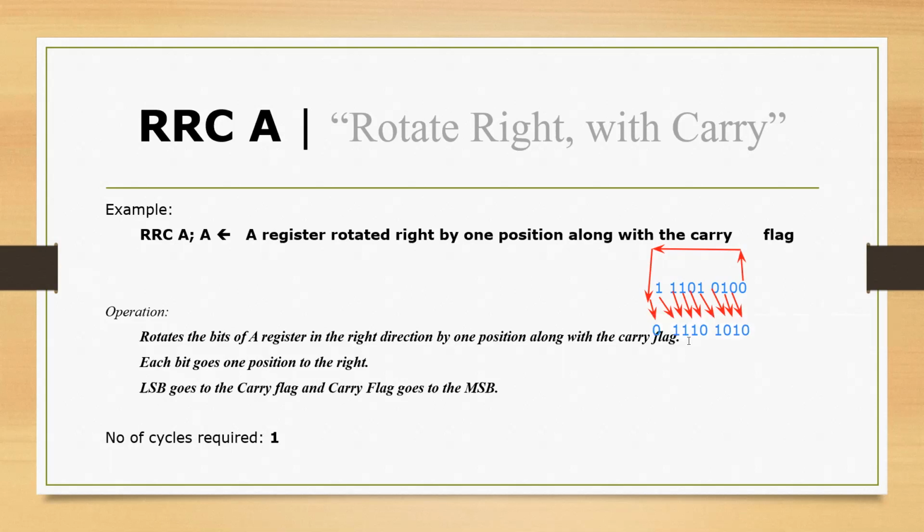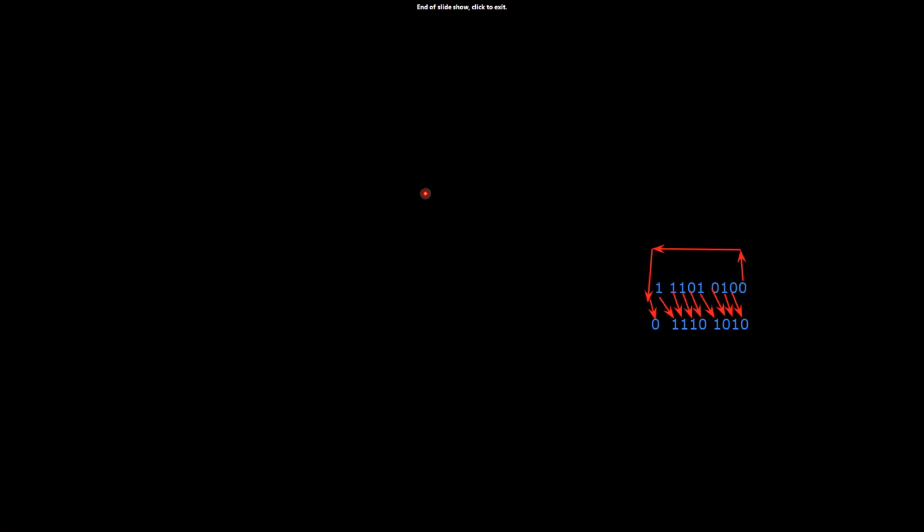So after rotation, you'll get the answer like this. Every bit will be shifted. The LSB goes to carry, carry goes to MSB, and every bit is shifted by one bit position, that is rotate with carry. The carry is also included in the rotation. So that's it.